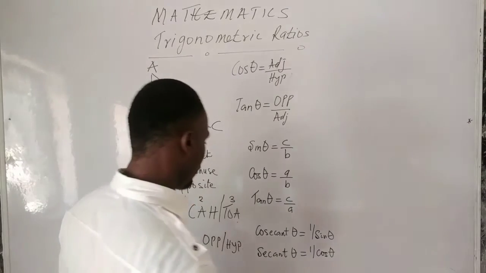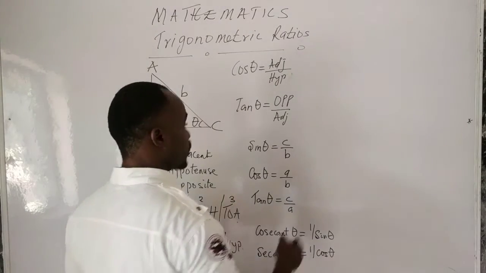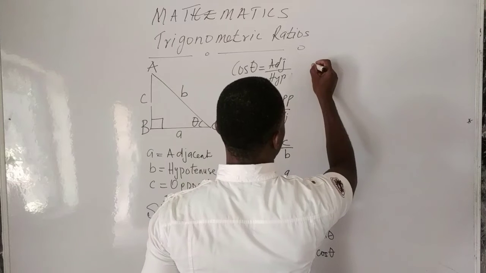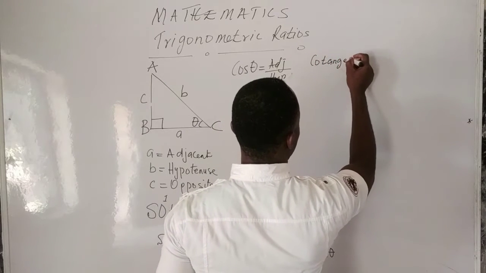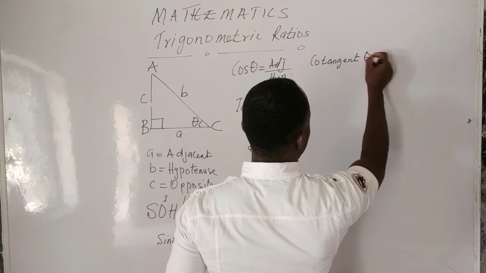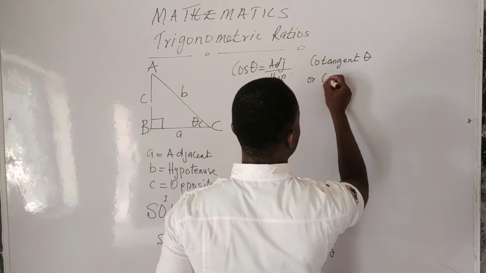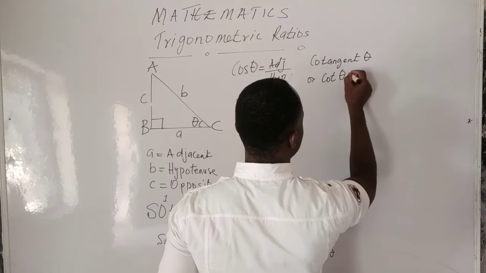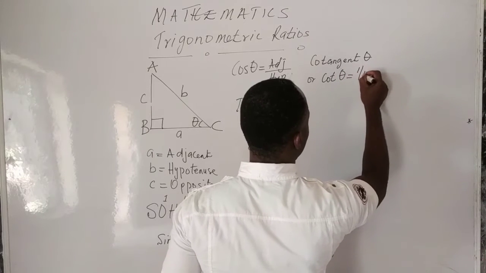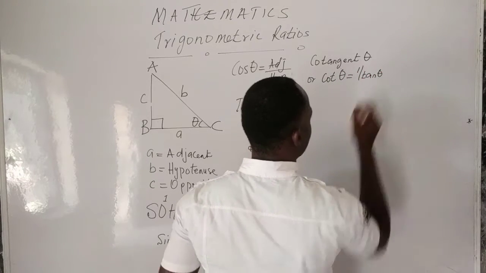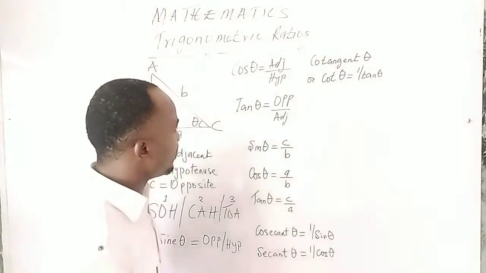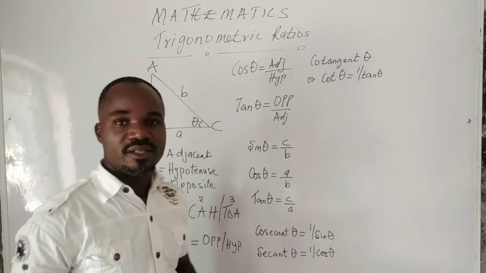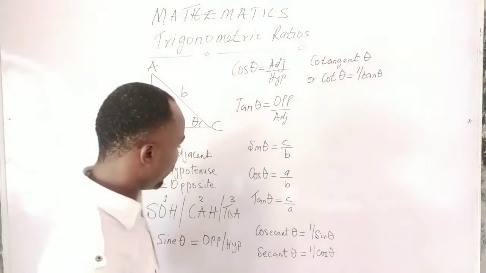The next thing we are going to consider is cotangent theta, or cot theta. Cot theta simply means the inverse of tan theta. With this, we have really gone far and done well.